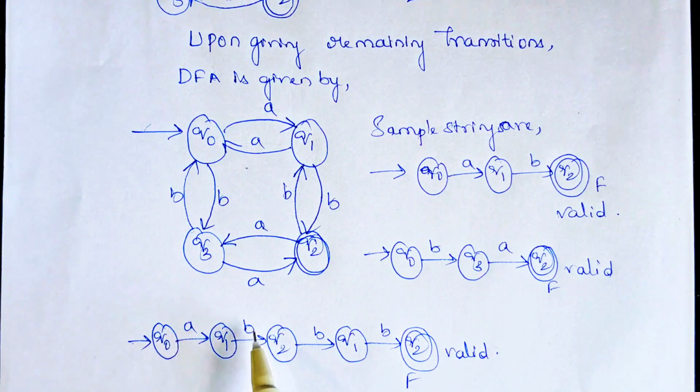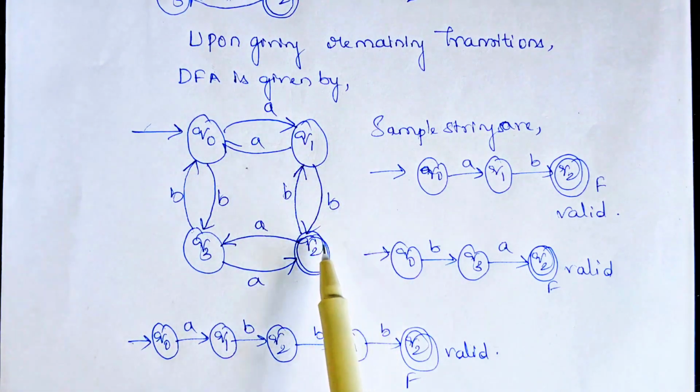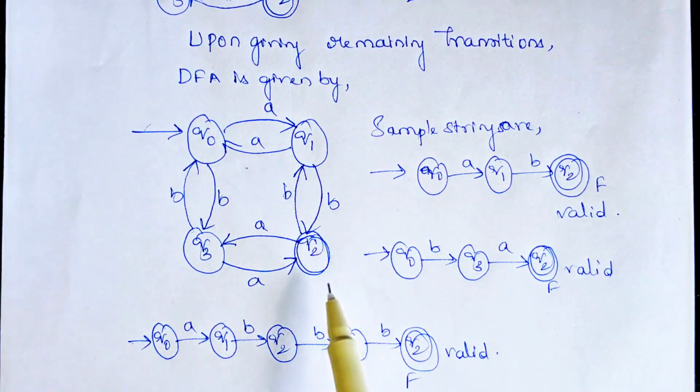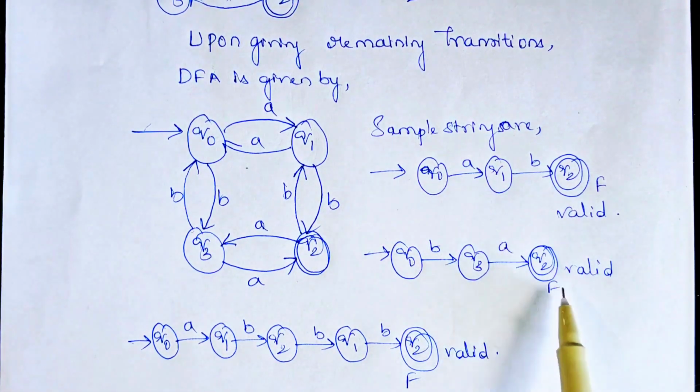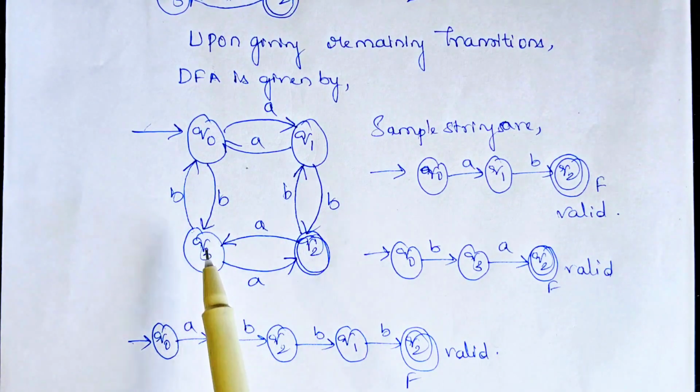And the string ABBB, here Q0 on A is moving to Q1, Q1 on B is moving to Q2, Q2 on B is moving to Q1, again Q1 on B is moving to Q2, which is a final state. Since all these strings are accepted through the final state, these are valid. Thus the DFA which we have plotted here is a valid DFA.